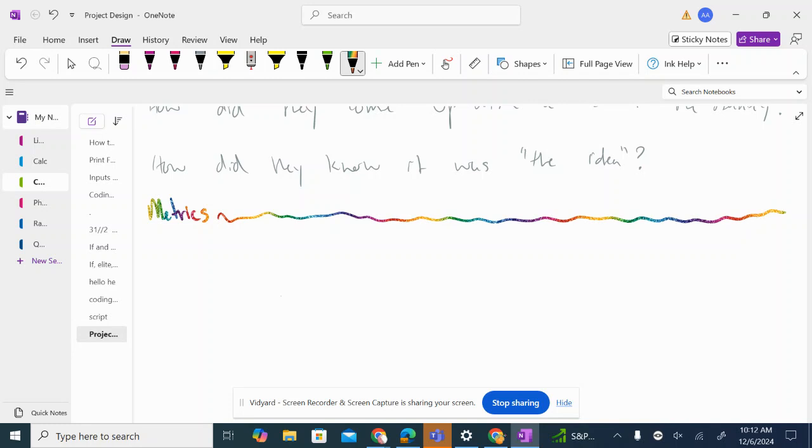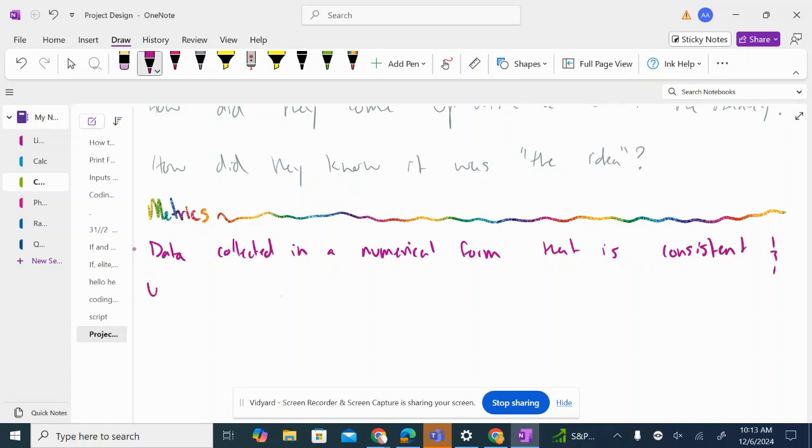And it is a whole bunch of data, right? Data collected in a numerical form that is consistent and unambiguous.